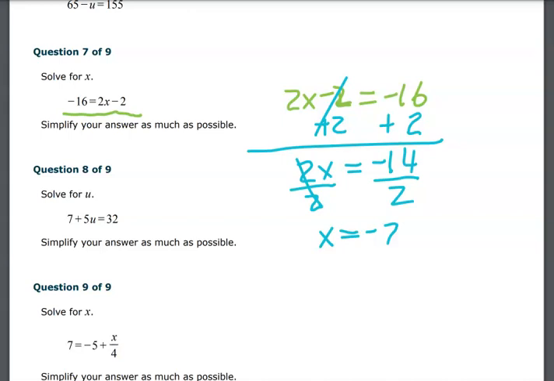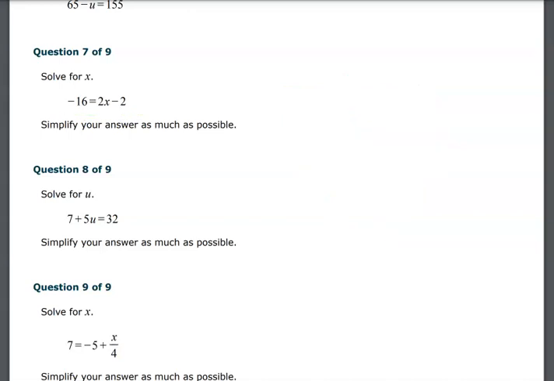And then we'll go one last one. Last problem for us is going to be 7 plus 5u equals 32. Again, I like to rewrite my problems. If it's helpful, get in the habit of writing it out like this. It's really beneficial.